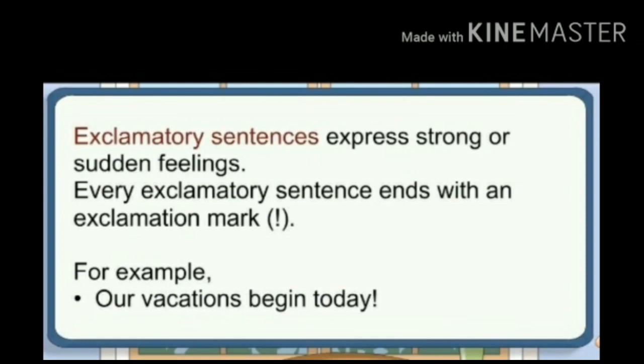Next type of sentences are exclamatory sentences. Exclamatory sentences express strong or sudden feelings. Sentences through which strong feelings are expressed, such as sadness or surprise, are called exclamatory sentences.